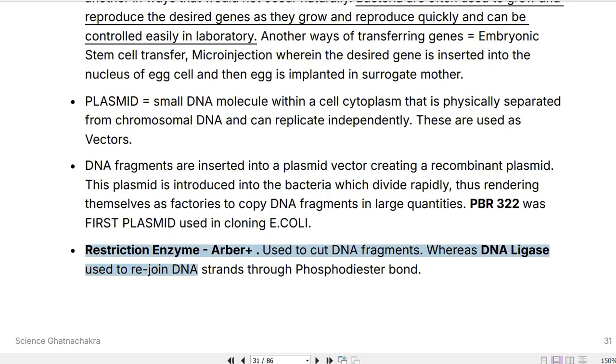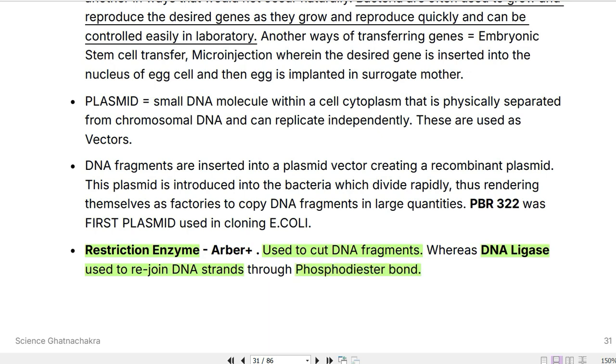Then restriction enzyme, I think Arber and Hamilton were given the Nobel Prize for that. I think it was in 1978. So restriction enzyme is an enzyme which is used to cut DNA fragments, whereas DNA ligase is like a binder which is used to rejoin the DNA strands through phosphodiester bond.